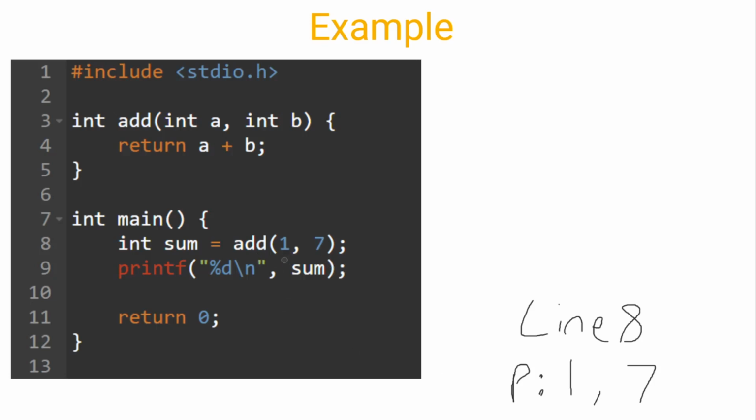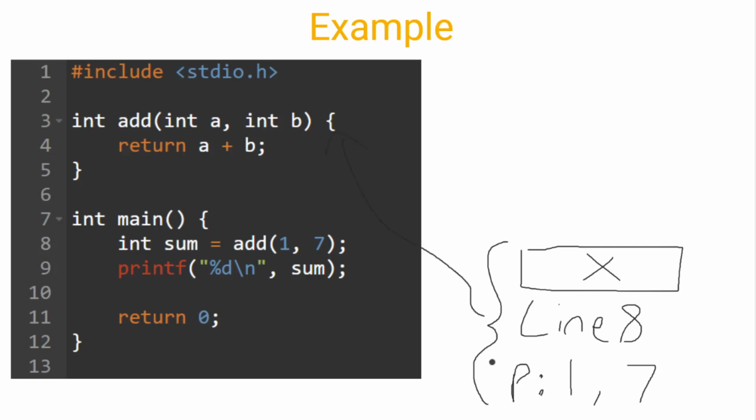And then finally, we're going to move into the add function, and we don't have any local variables. So remember, local variables were last, but since we don't have any, it will be blank. So these three parts will together form the stack frame for the add function.